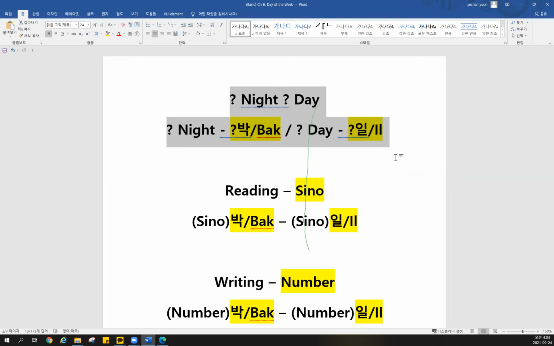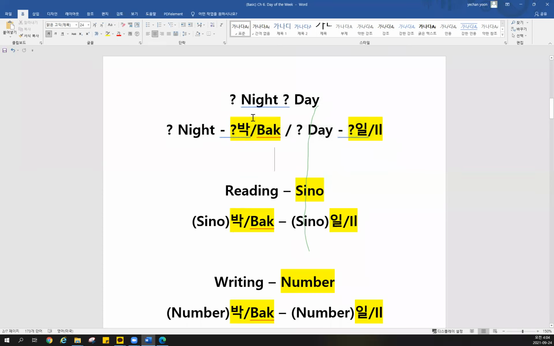Of course, you can use Airbnb or another hotel application, but if they cannot understand English, you have to explain in Korean. So you also have to memorize this one.